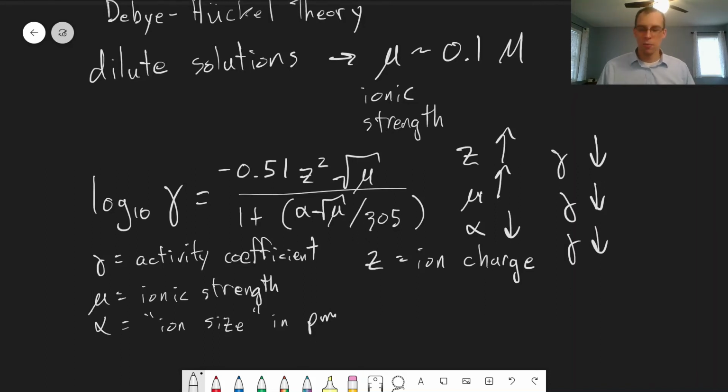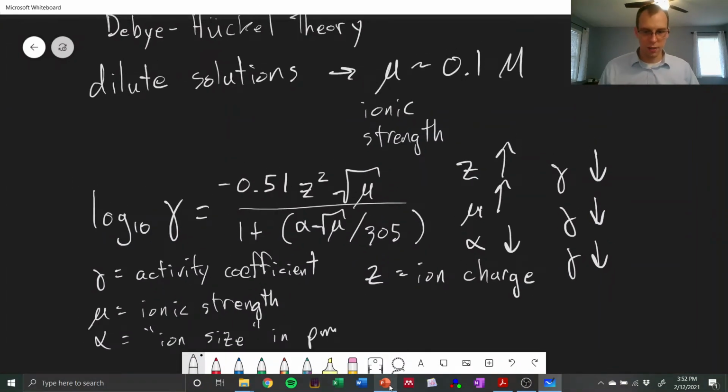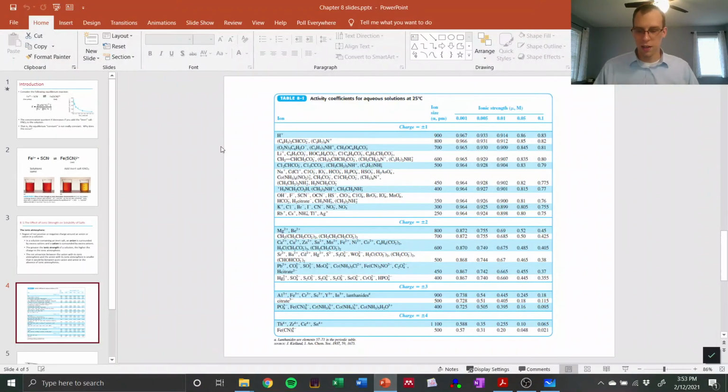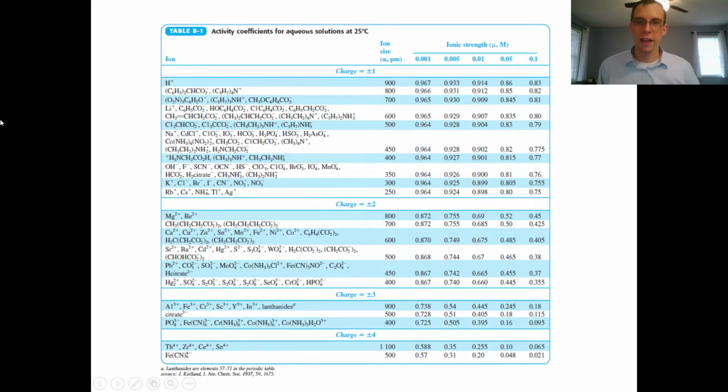Now, a little bit easier way of seeing this is in your textbook. Let me just pull this up here. There is actually a chart of activity coefficients for various ions. Now, this ion size is just something you have to look up. It's not something you can calculate.